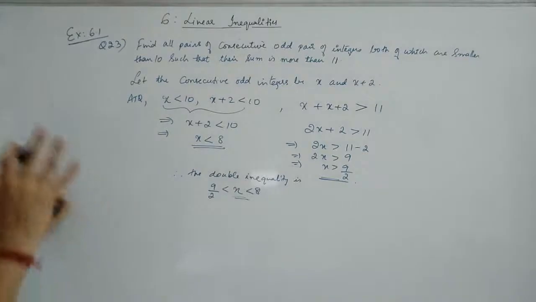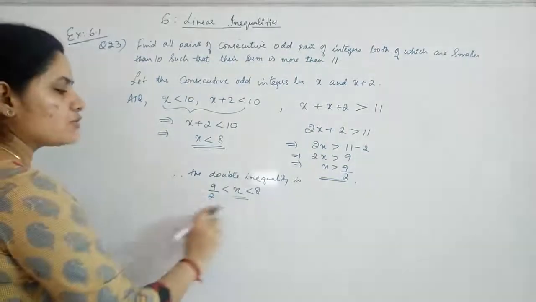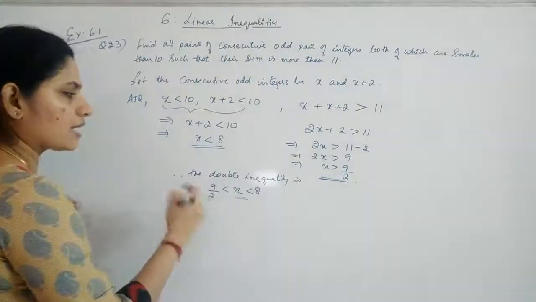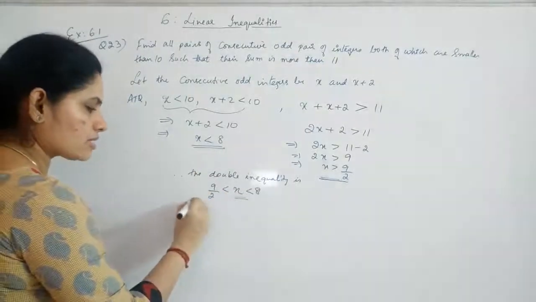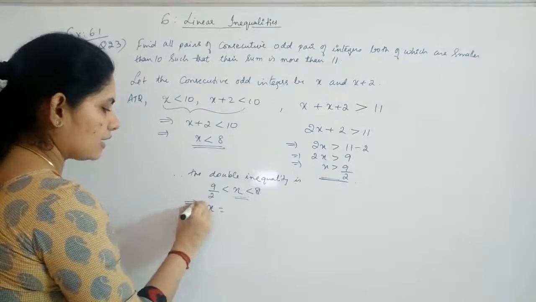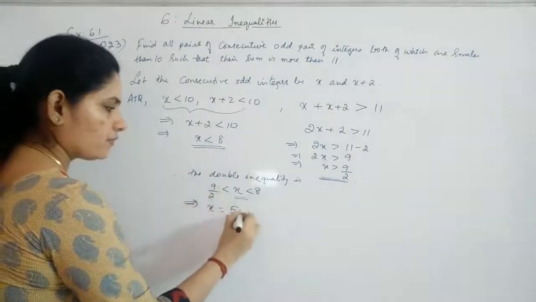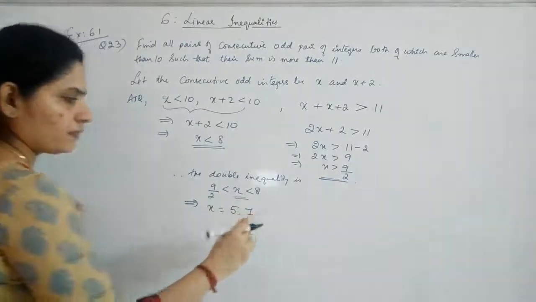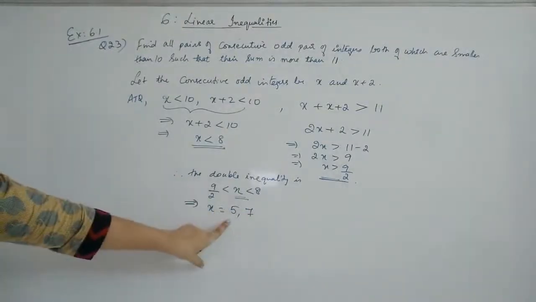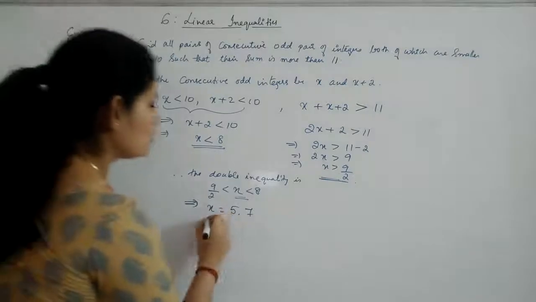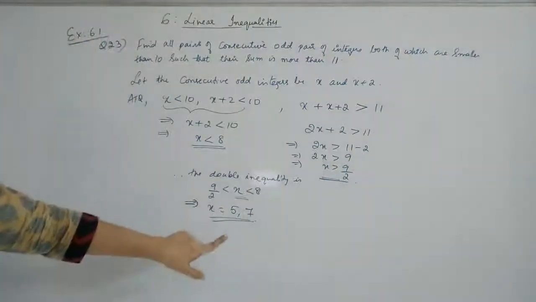So the values which lie between 4.5 and 8 and are integers as well as odd are 5 and 7. So both are less than 8 and greater than 4.5. Okay, so these are the two values for x, but this is not our answer.